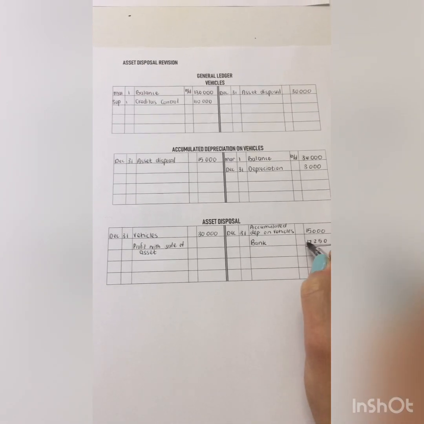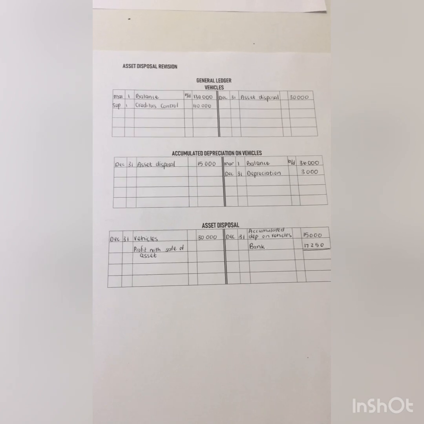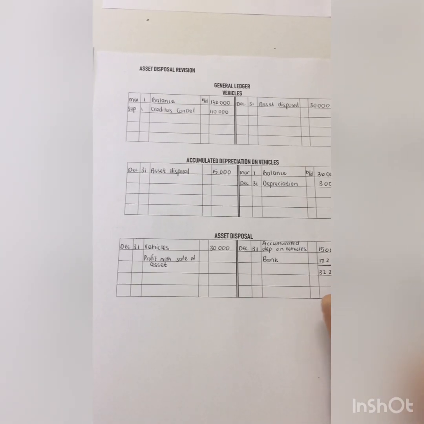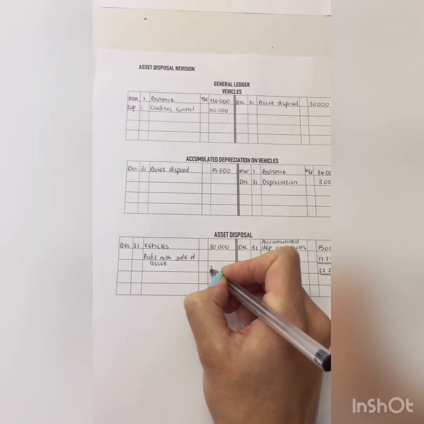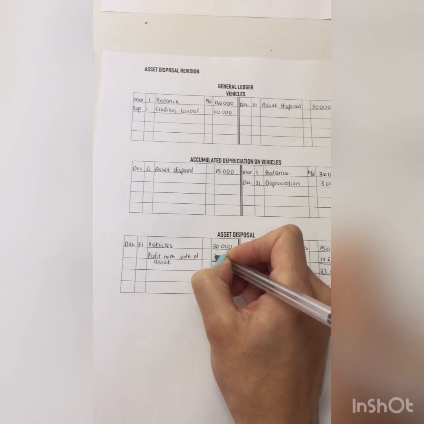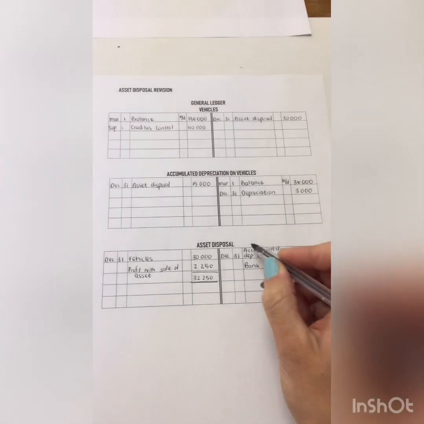So my total is 32,250 if I worked it out correctly, which means my profit is 2,250. So the asset disposal account is now done.